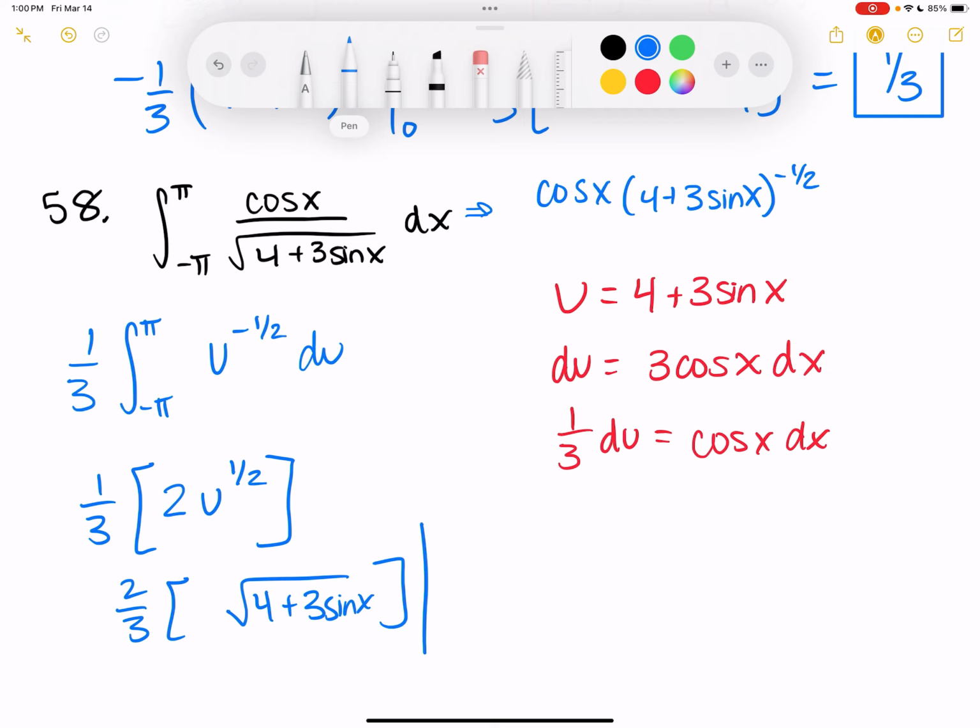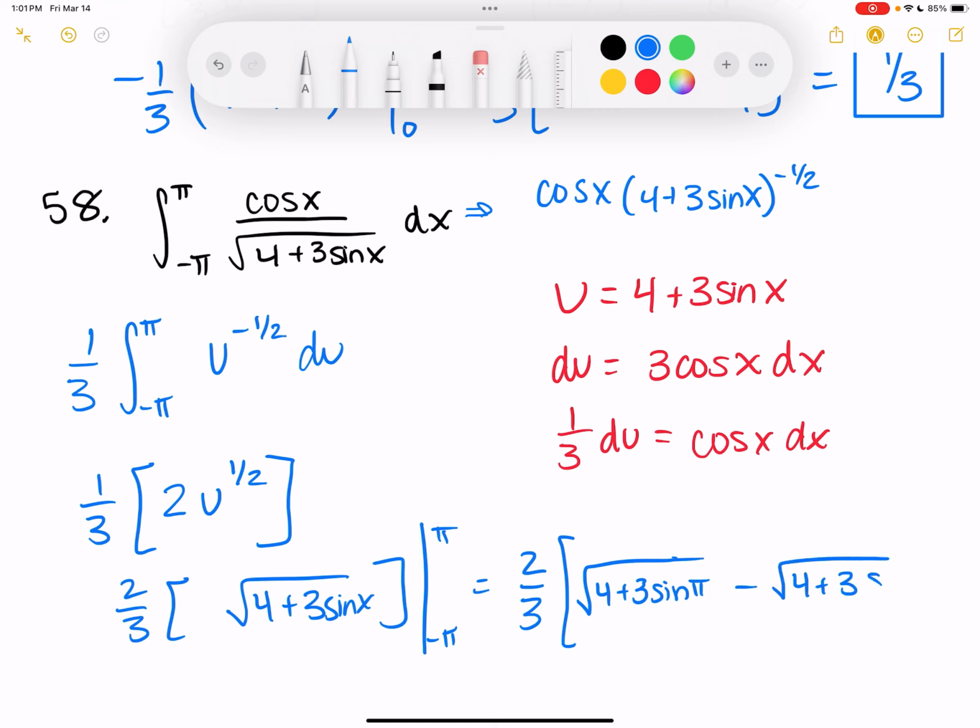I do want. Evaluated from negative pi to pi. So this would be 2/3 times, since this is a lot, I'm going to write this out. Square root of 4 plus 3 sine of pi minus the square root of 4 plus 3 sine of negative pi.